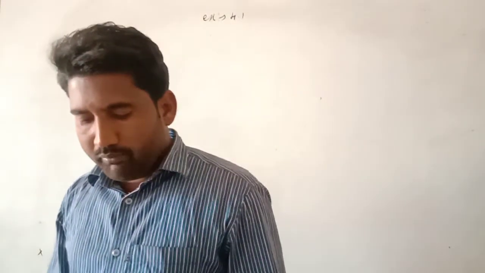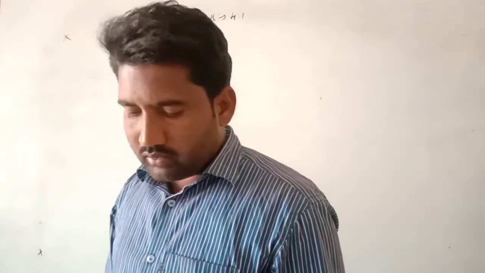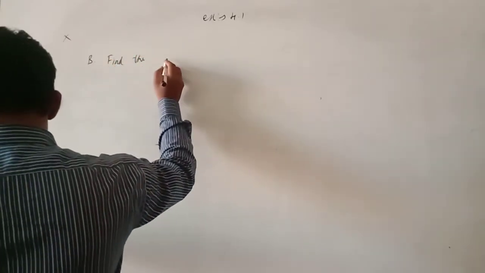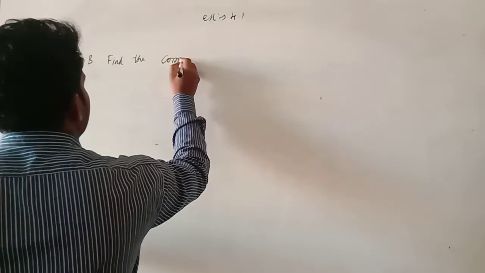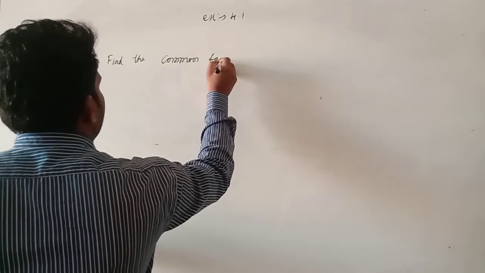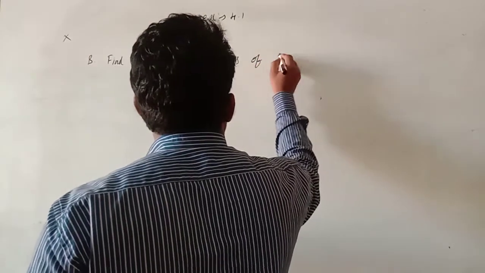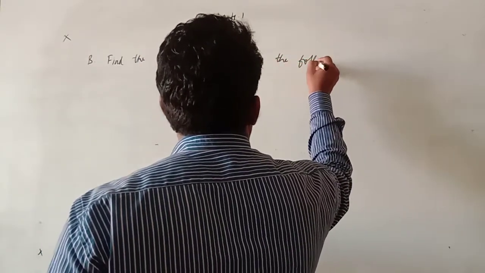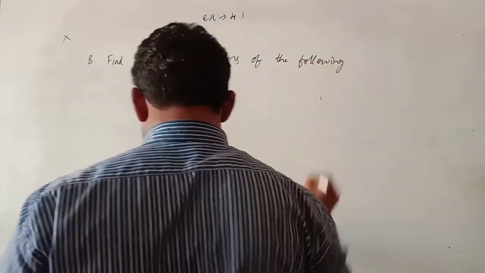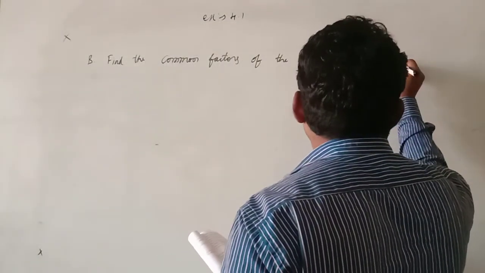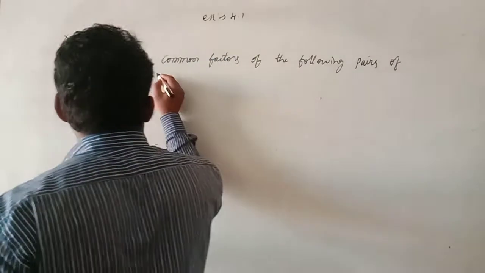So that is B main. Find the common factors of the following pairs of numbers.